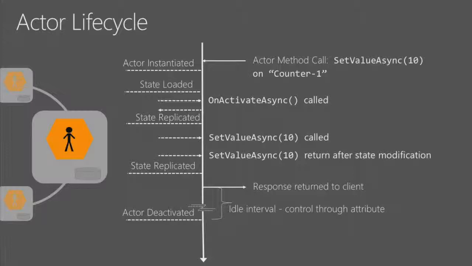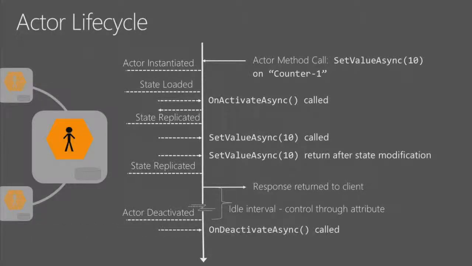So you can say that this particular actor, counter actor, I need it to be alive for 10 seconds. If after 10 seconds no calls come in, we'll deactivate it. Some other actor, maybe a stock ticker, says, hey, I want this to be active for 24 hours, or I want this to be active for 12 hours, and after that, if no call arrives, deactivate that actor. So you can do that.